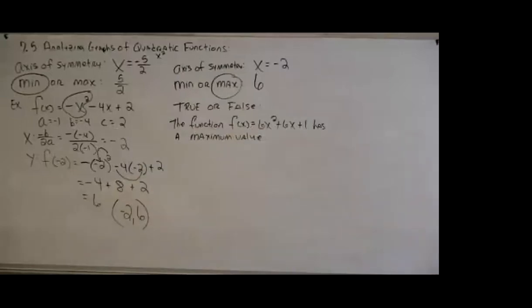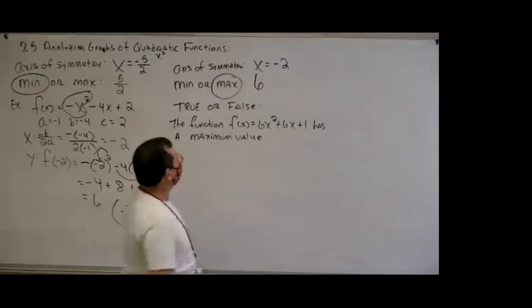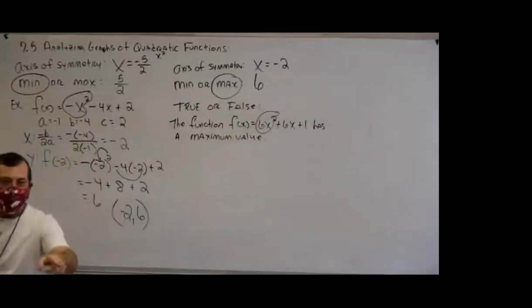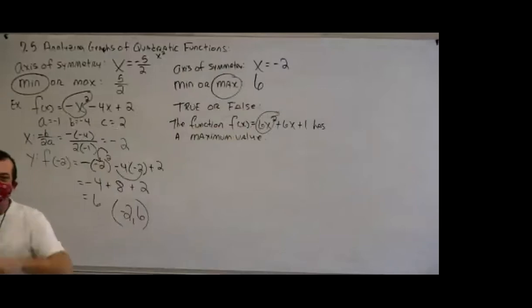False. Okay. So why would you say false? It's false because the 6x squared is a positive. Positive, perfect, both of y'all. This thing is positive, so this thing actually has a minimum. Yeah.